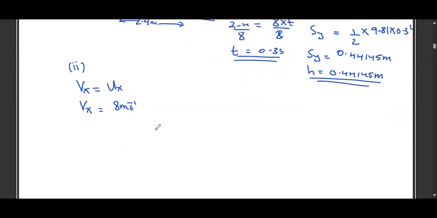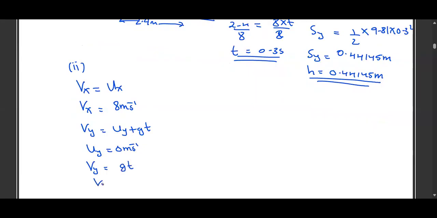Then we come and get Vy, whereby Vy is given by Uy plus gt. But remember that Uy is 0 since initially this ball was thrown horizontally. So we shall have Vy equal to gt.